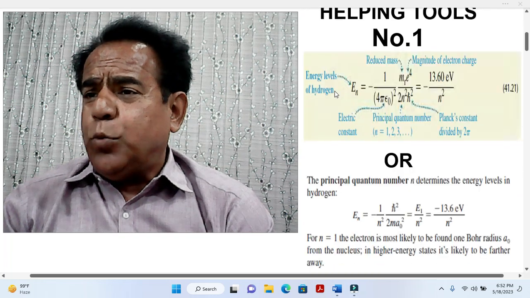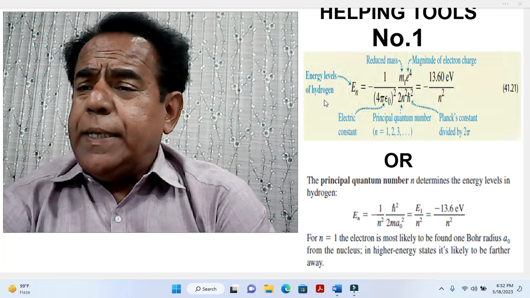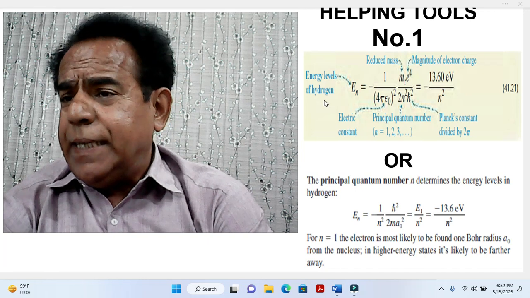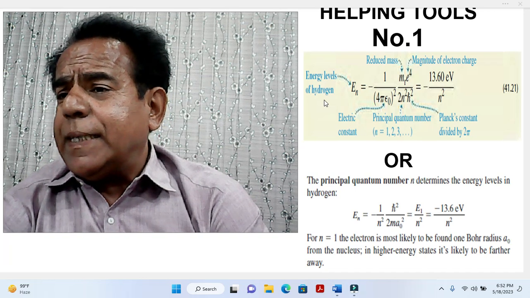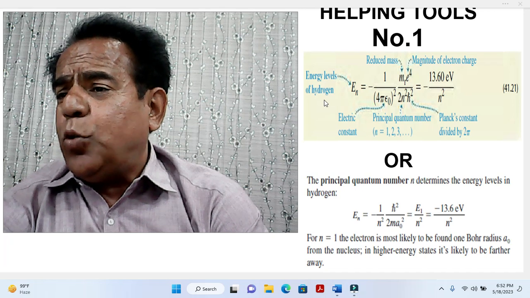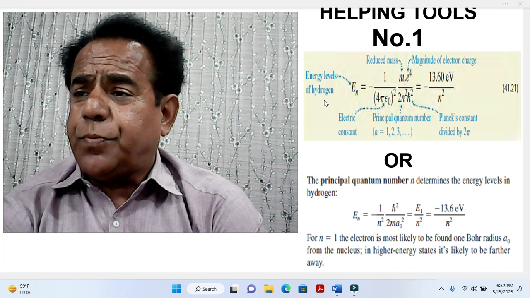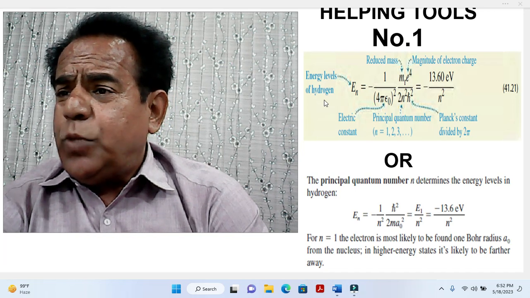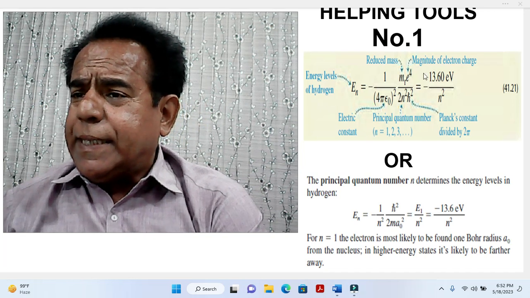Helping tools. Tool number one is regarding the energy levels of hydrogen. En is equal to minus so and so, and this is alternatively equal to minus 13.60 electron volt over n square. Dear students, here we will not apply this intermediate portion.